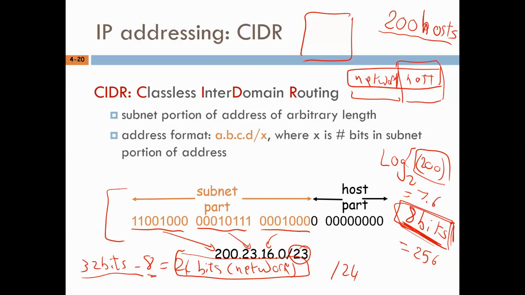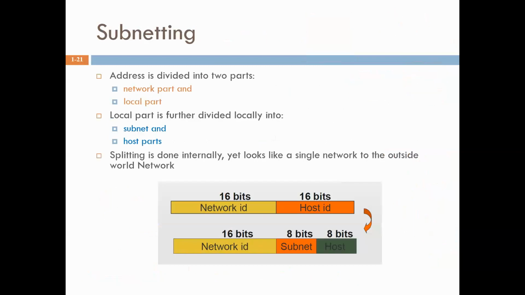Okay. Now, the ISP would go and buy a network address of a certain size. Let's say the ISP bought a network address that is /16, meaning that you have 2 power 16 different IP addresses to assign. The host part is 2 power 16. Okay.